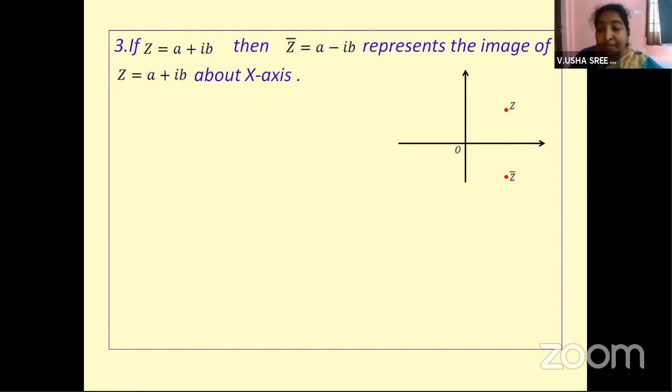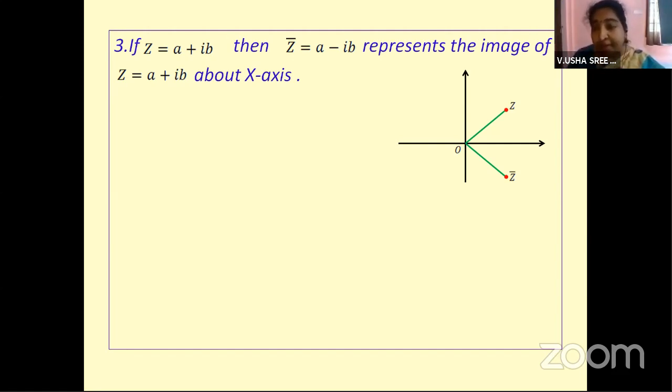If you take OZ, what is OZ? OZ is the modulus, or the distance from the origin to the point. Whatever OZ you are getting, the same distance will be for OZ bar also. That means the modulus of a complex number and the modulus of its conjugate are equal. This point we have already seen.